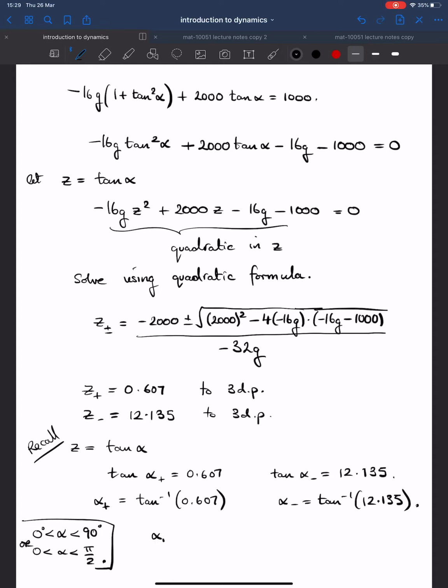So we get alpha plus. Now let me just move to the computer. Alpha plus is arctan, in radians, I get 1.489 radians. Alpha minus, which is clearly between 0 and pi over 2, something like 1.57.